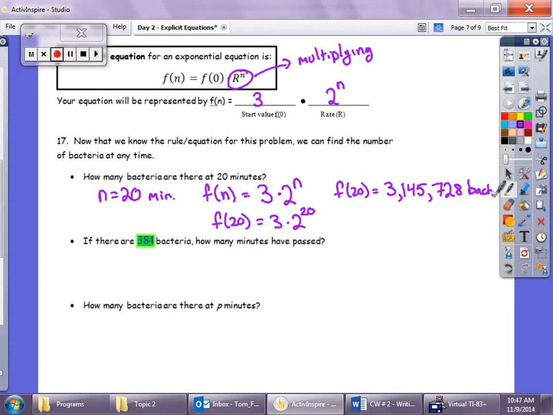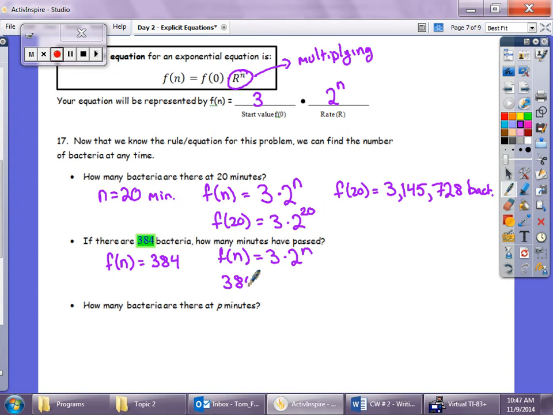Now, if there are 384 bacteria, how many minutes have passed? This tells us that f of n equals 384. So if we have our example here, f of n equals 3 times 2 to the power of n. We take out f of n and replace it with 384.